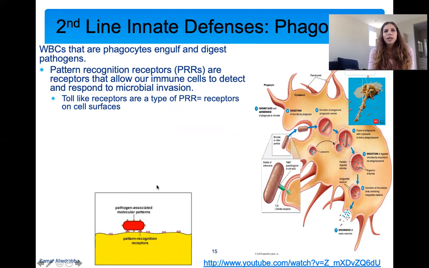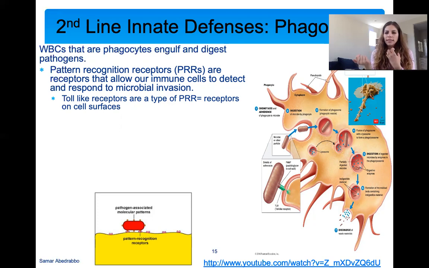How does your body know which cells to phagocytose and which not? I'm going to try to make this as brief as possible. A lot of pathogens look different than your cells. When a pathogen is ingested or taken in, it looks different because it has different patterns than your own cells.